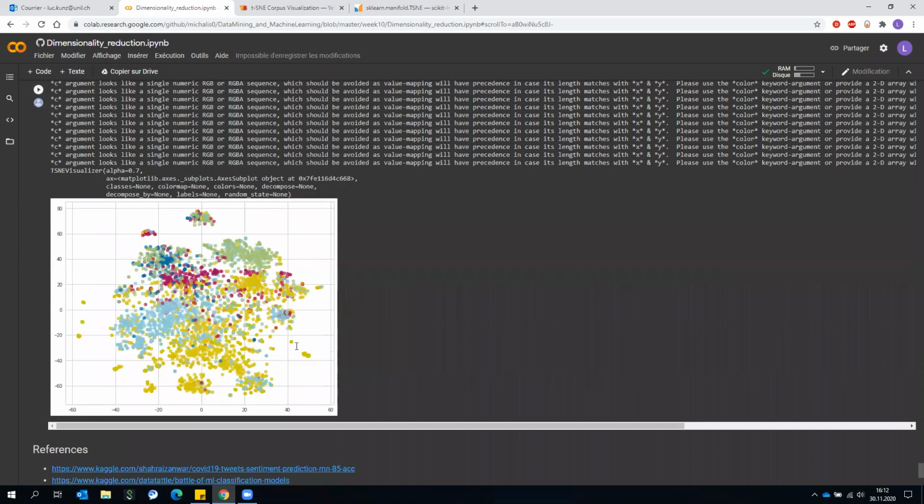It gives me something like this, where we see a bit of the cluster, but since we have 12 classes, this is not so clear. So yes, we see a bit, but there is a lot of stuff we cannot see with this method, because maybe we have too many classes.